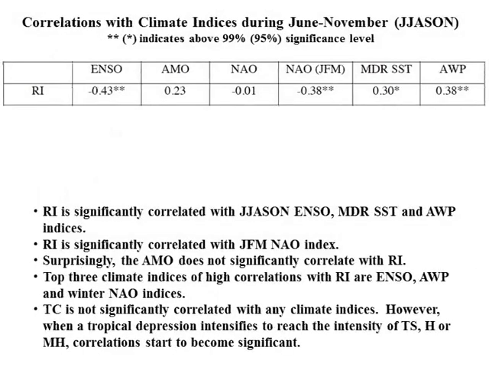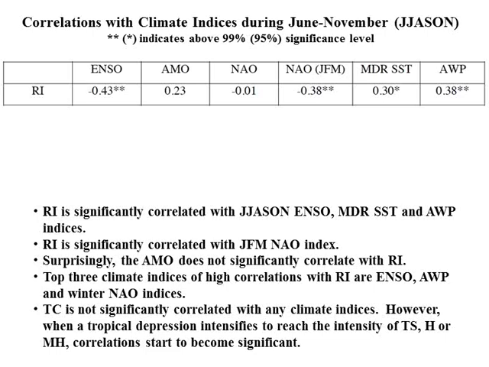Okay. So based on this time series, I calculated the correlation with the climate indices. What I show here is the ENSO index, AMO index, NAO during winter time, and the MDR and warm pool index.